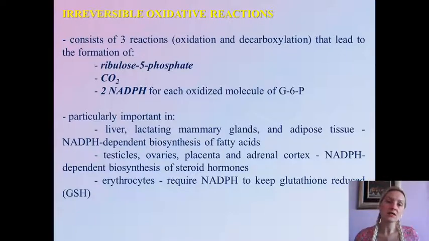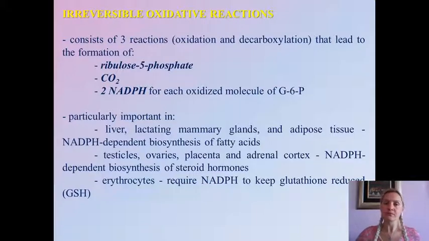Also, this pathway is important in the testes, ovaries, placenta, and adrenal cortex. Why? Because in those tissues, steroid hormone biosynthesis takes place, and for that biosynthesis, again, we need the NADPH coenzyme, which is provided by this pathway.